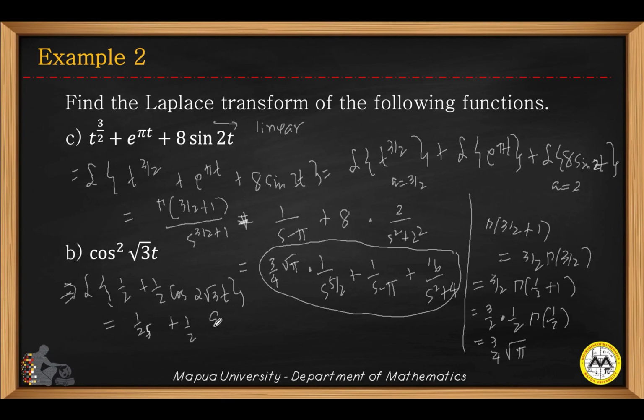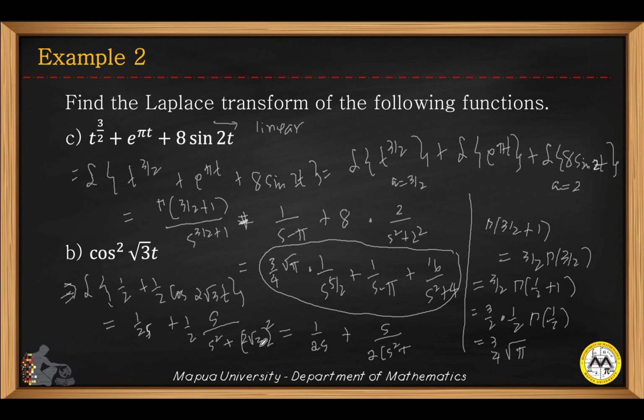So we have s over s squared plus the square of 2 square root of 3, quantity squared. So we have 1 over 2s plus s over 2 times s squared plus, what is the value here?